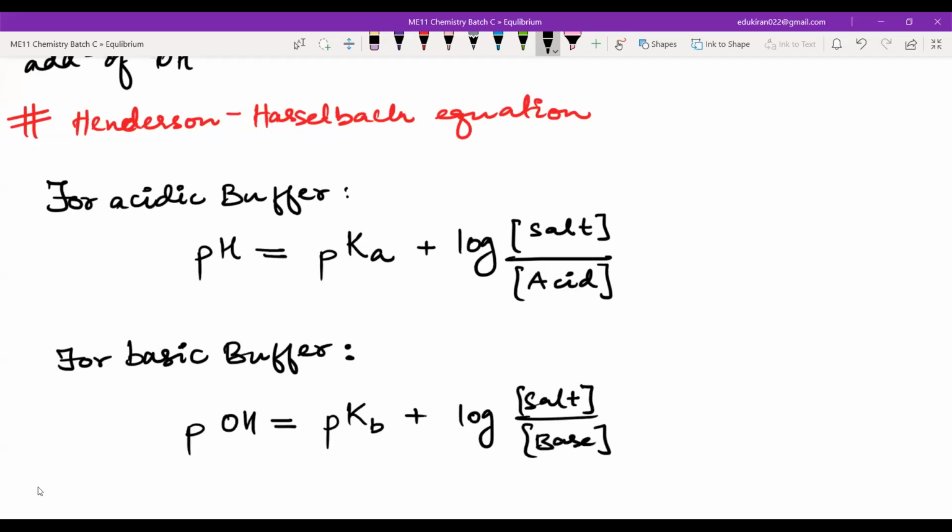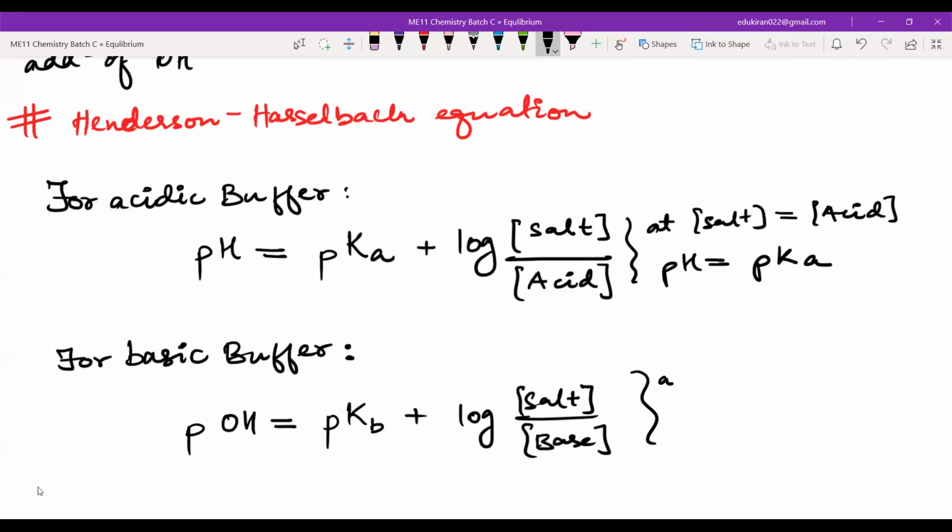And in this way you are going to create the basic buffer. Okay, then you can write one more point: if the concentration of salt is equal to the concentration of acid, then the pH of the acidic buffer will be equal to pKa.